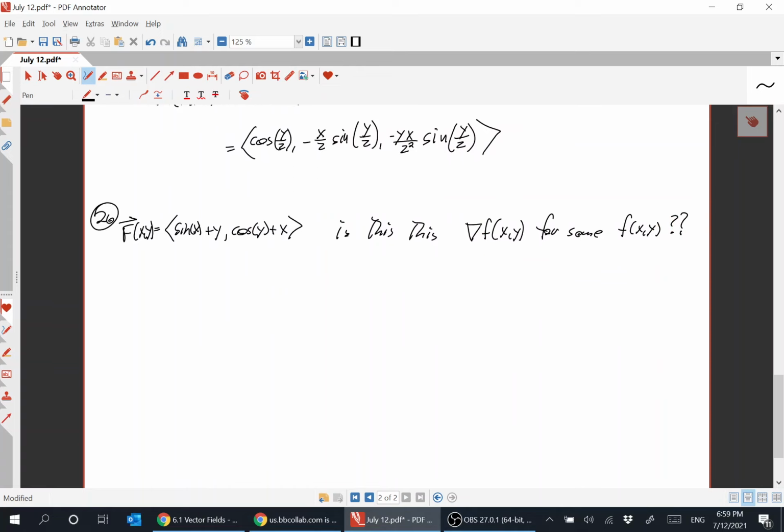Okay, well, there's a couple different ways you can tell. The most direct way of telling is, well, just try to find the function little f.